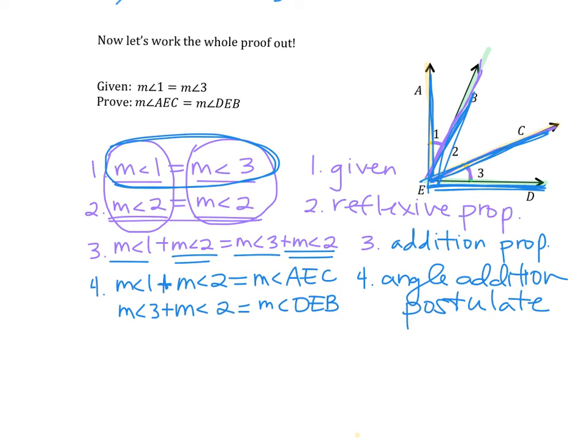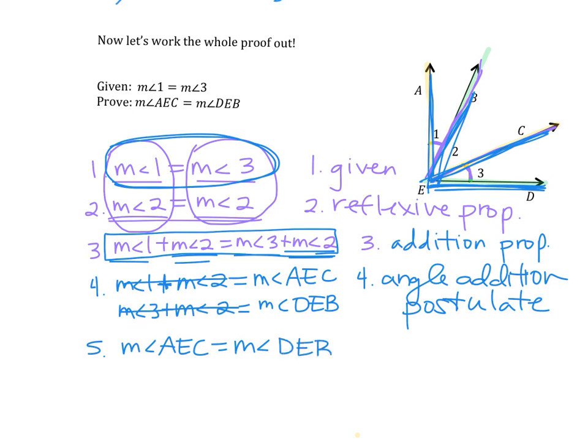Okay. So now what we're going to do is take away this information here, because we already said those were equal to each other, right? In step 3, we said those were equal. So now we can say the measure of angle AEC is equal to the measure of angle DEB. Why? Because I took out the two that were the same and set the rest equal to each other.